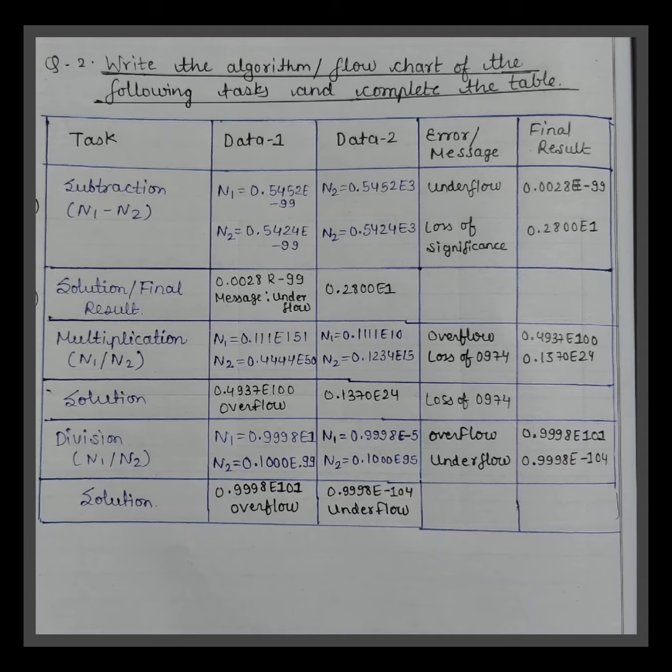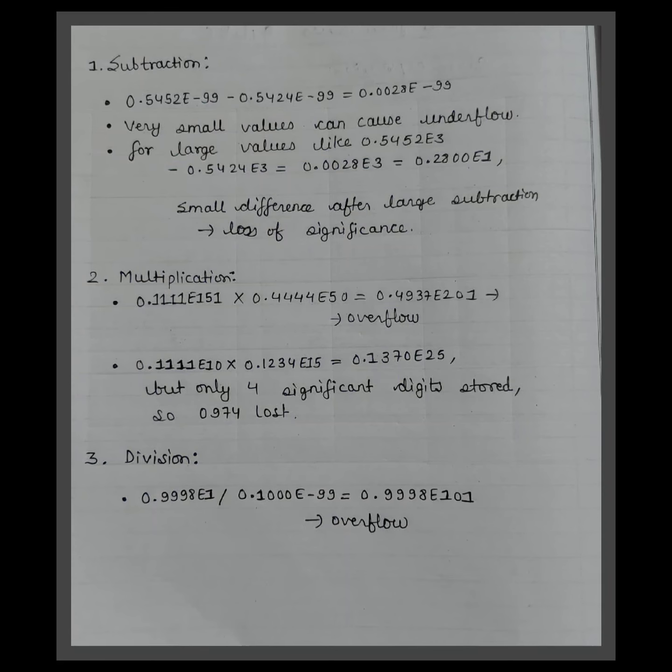Moving to the next question, that is, write the algorithm or flow chart of the following tasks and complete the table. So we are given 3 tasks and we have to complete the table, given data 1 and data 2, and we have to fill in the error message and final results. So let's begin.